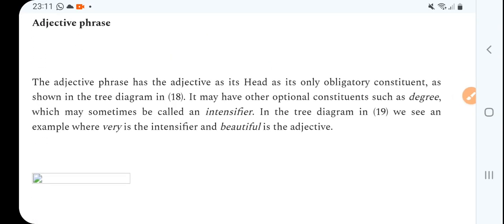Now come to the adjective phrase. The adjective phrase has the adjective as its head, as its only obligatory constituent.